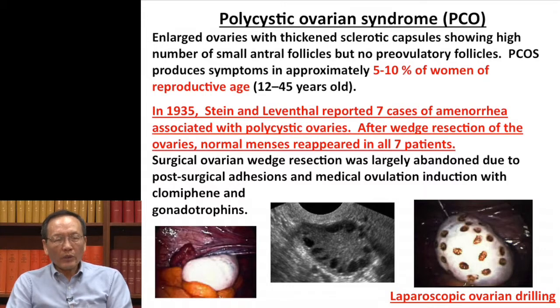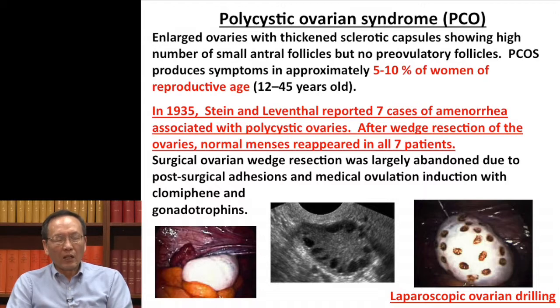And in all 7 cases of this original report of amenorrhea patients, they found that all patients started cycling. And later on, surgical ovarian wedge resection was largely abandoned due to post-surgical adhesion and medical ovulation induction using clomiphene and gonadotropins.